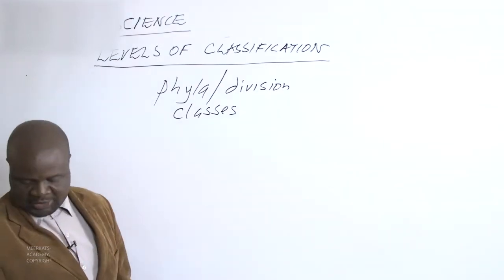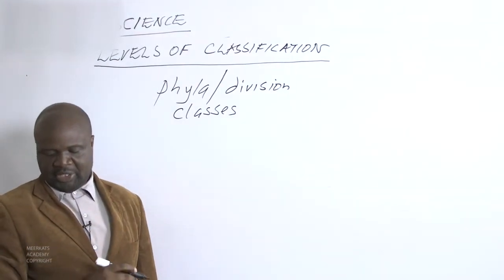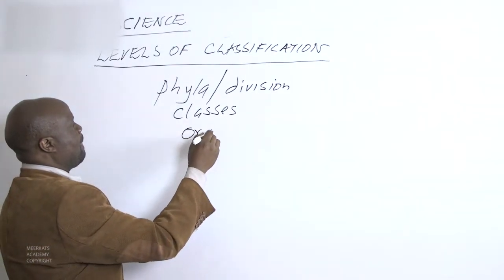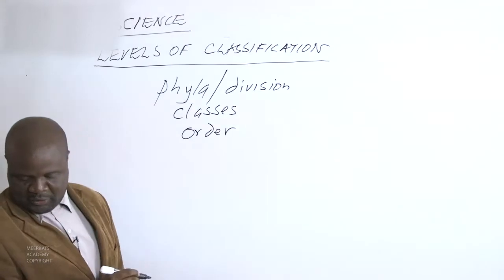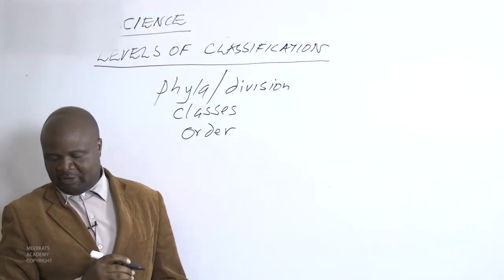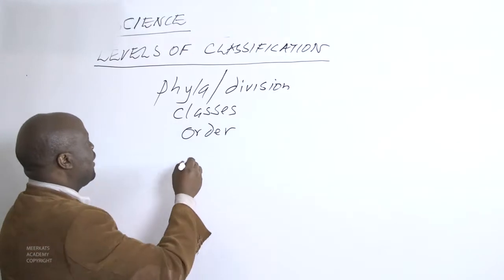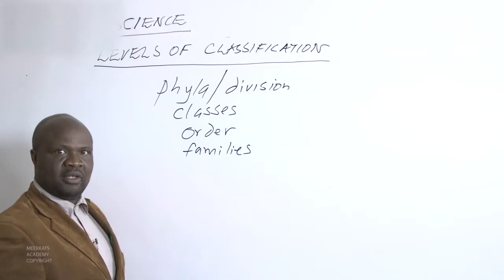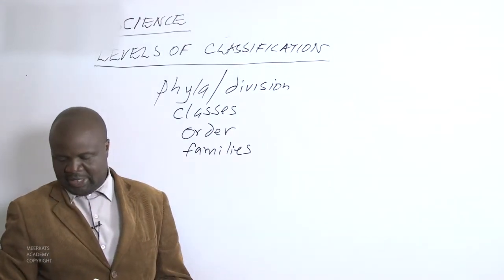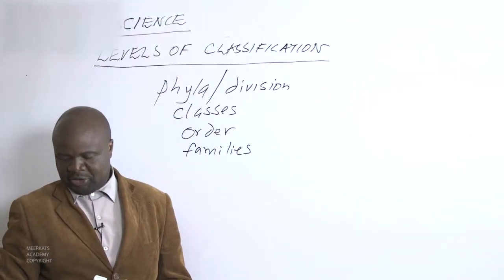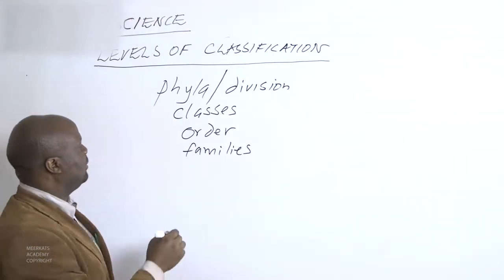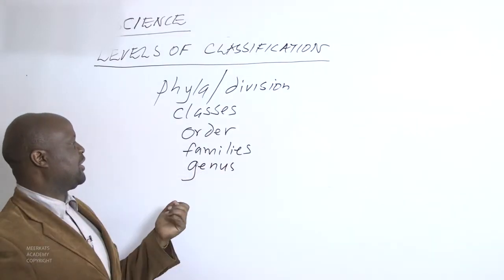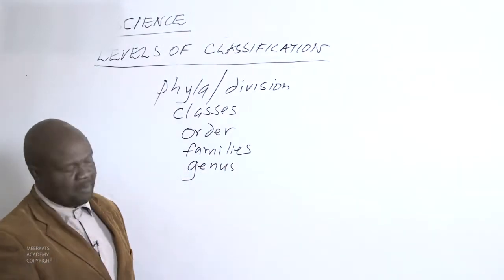Then from classes, we shall go downwards to another group called the order. Then the orders are divided further into families. Then the families are again subdivided further into genera. We say genus, that is singular, but in plural it is genera.